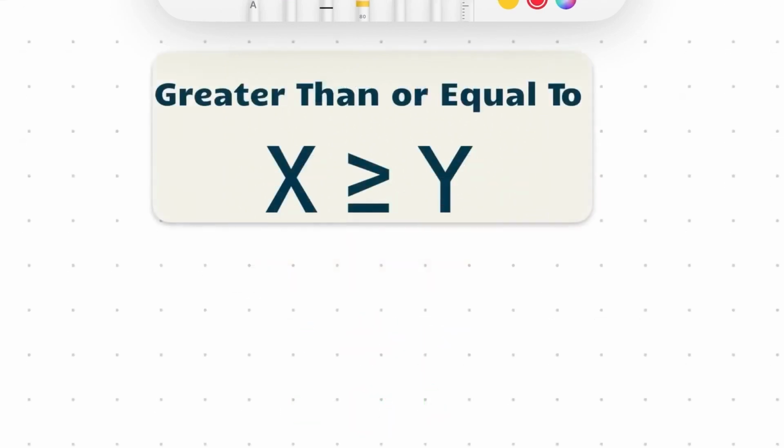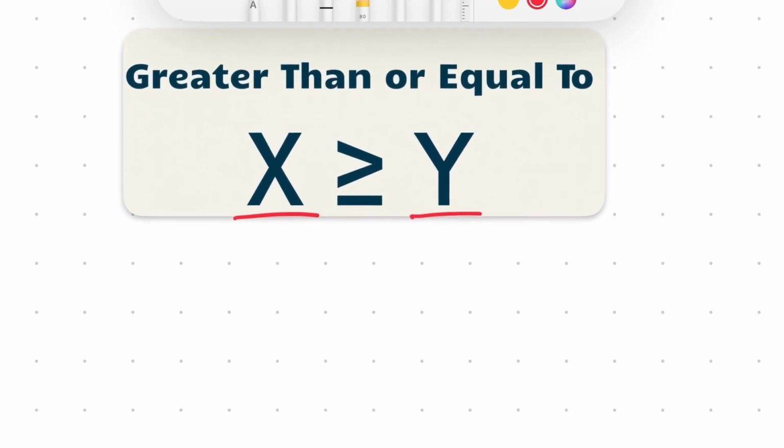So the greater than or equal to inequality tells us that the value on the left is equal to or larger than the value on the right. So you may be wondering, how is this different from the greater than inequality? Well, let's look at this with an example.